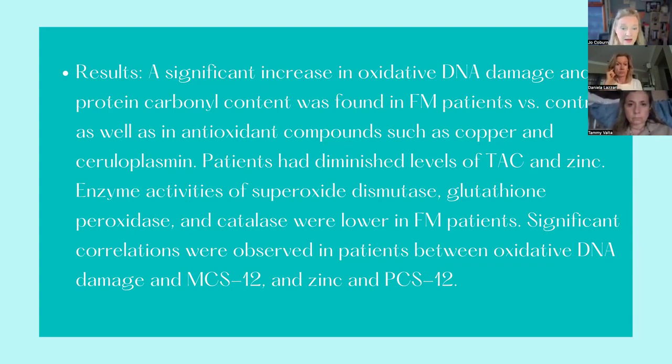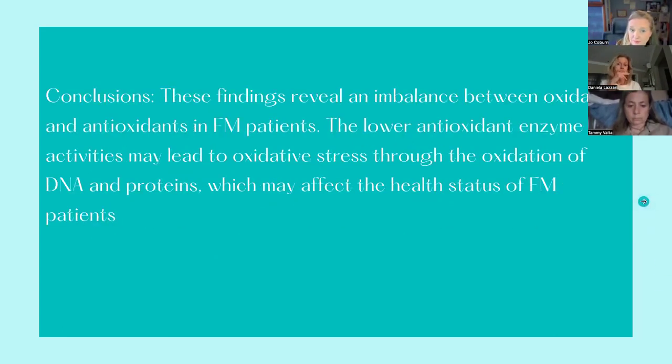The enzyme activities of superoxide dismutase, which is SOD, glutathione peroxidase, and catalase were lower in those patients. Significant correlations were observed in patients between their DNA damage and zinc and those other two parameters they used. So basically, what they found was there was high oxidative stress.